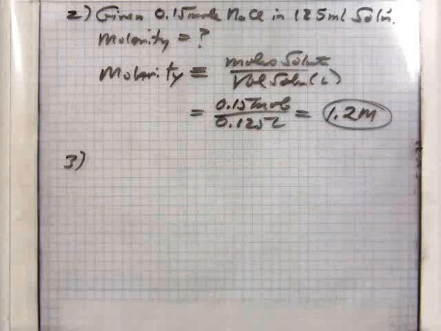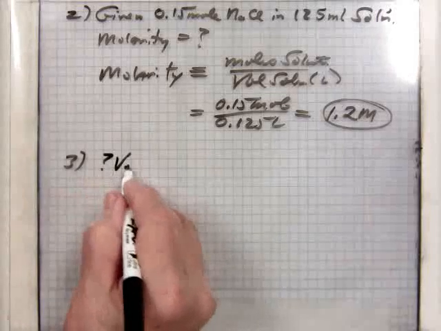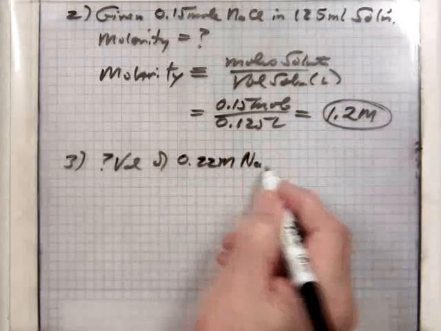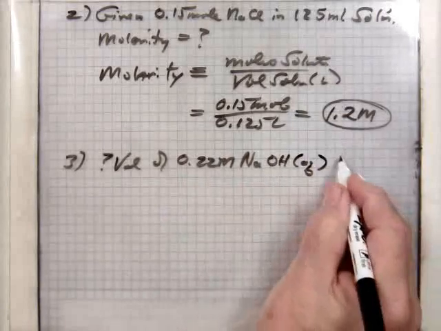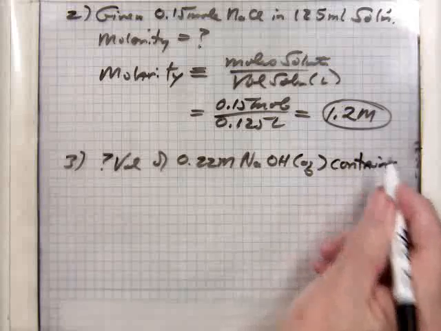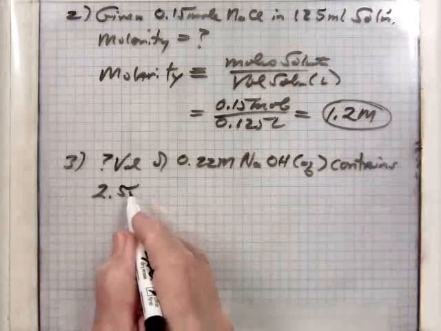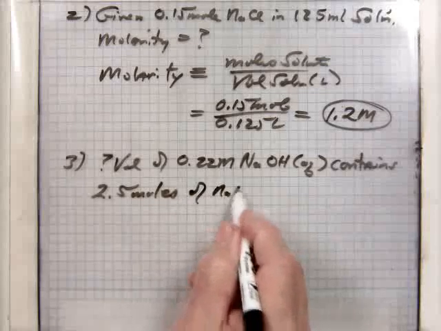Number 3 says, what volume of 0.22 molar sodium hydroxide will contain 2.5 moles of sodium hydroxide base. So what volume of 0.22 molar sodium hydroxide aqueous solution contains 2.5 moles of the NaOH?